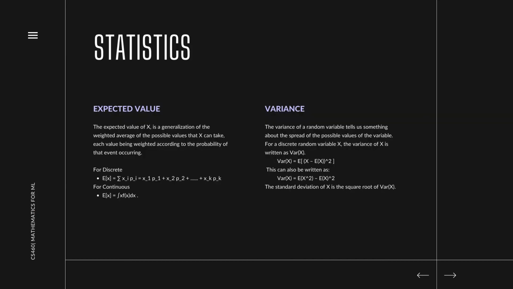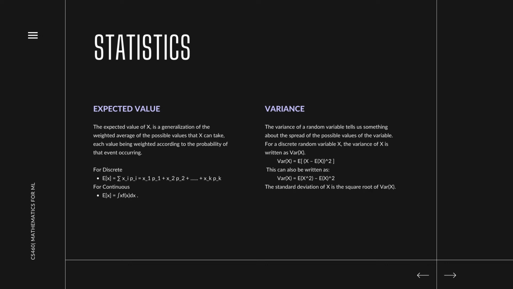Now let's look at basics of statistics. First is expected value. The expected value of X is a generalization of the weighted average of possible values that X can take, each value being weighted according to the probability of that event. In case of discrete, we get summation of x_i p_i, and for continuous we get integration of x f(x) dx.